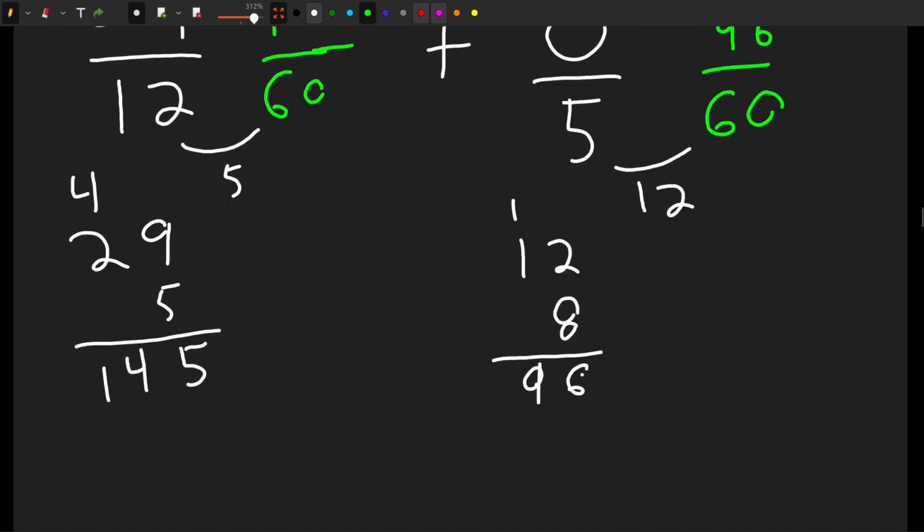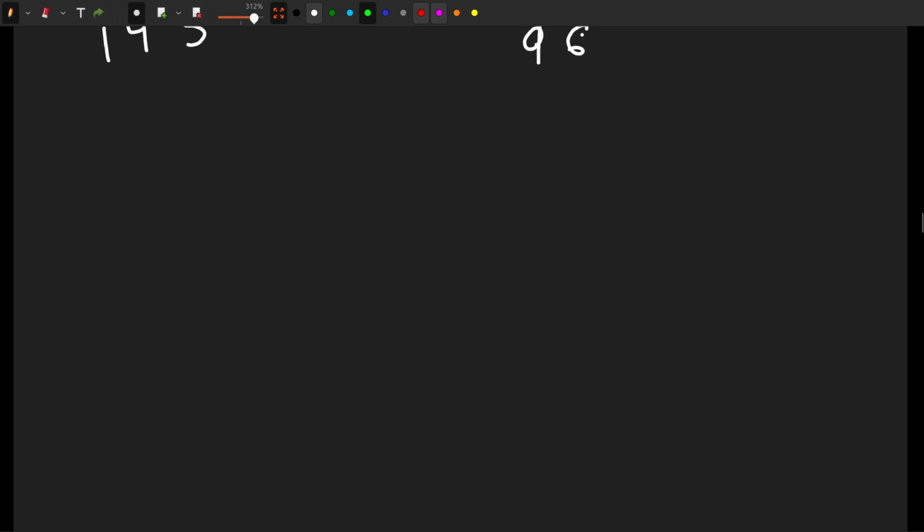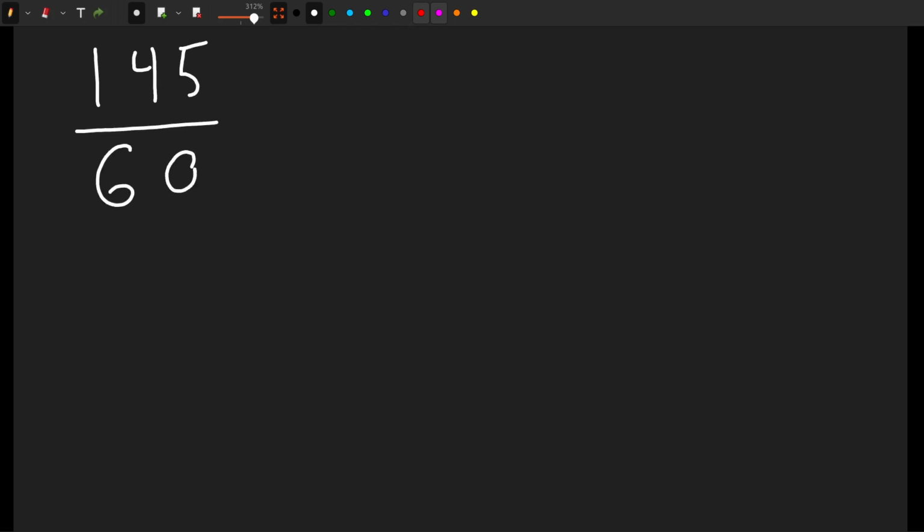All right, so my two fractions now, because I need to rewrite them again, are 145 over 60 plus 96 over 60. Okay, so now we just have to do 145 plus 96.